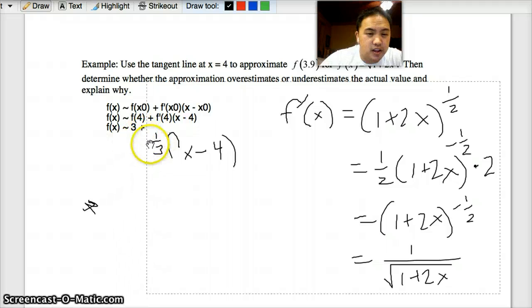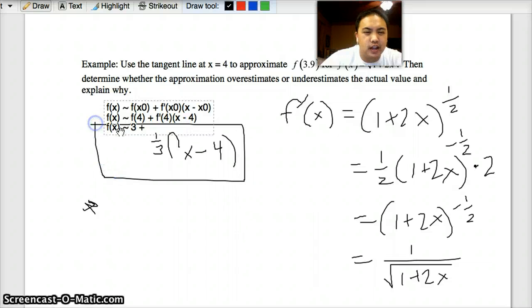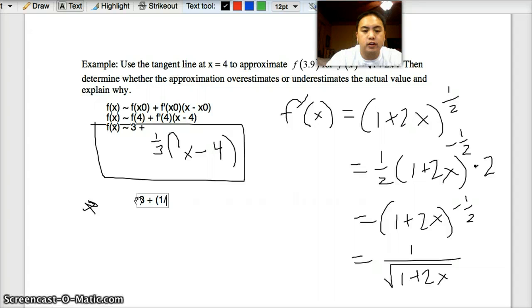So I get 3 plus 1/3 times the quantity x minus 4. So now I have an equation that's my linear approximation. Okay, I got my numbers. I fill in this one, and I have x minus 4. So I want to approximate 3.9. So it's going to be 3 plus 1/3.